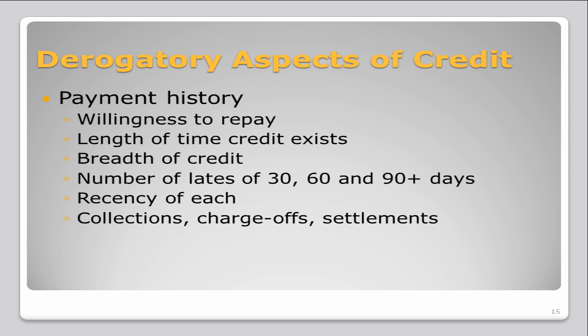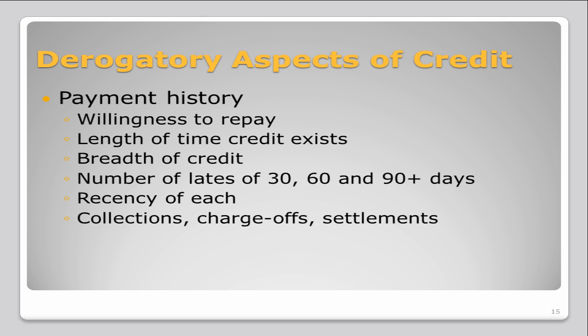So if a bank has a repossession of a car and charges off the remainder of that balance and then sends it to a collection agent, you wouldn't go back to that original automobile creditor to try to settle up the account. You'd actually go to the collection agent and negotiate with a collection agent instead.